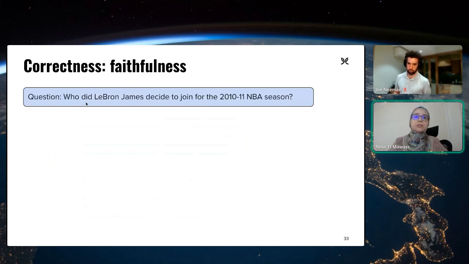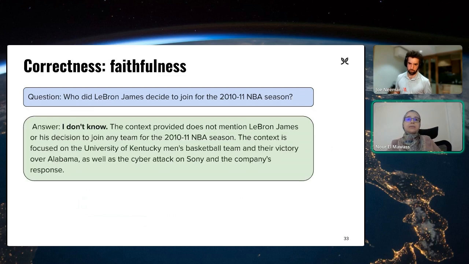We have this question: who did LeBron James decide to join for the 2010 NBA season? This is one of the questions where the RAG retrieval part did not give us any relevant chunks. So when the generation LLM, not the evaluation LLM, answered, it said, I don't know, because the context that you provided does not mention LeBron James.